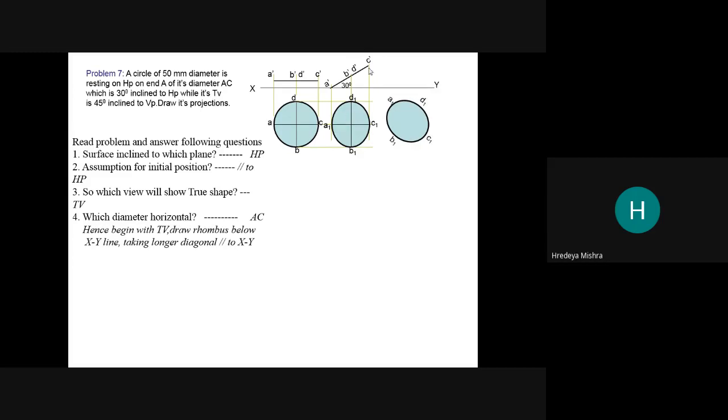See, now here this AC is 45 degree inclined. This is the 45 degree given. Now what happened? We just draw the projections. These are the vertical projections and these are the horizontal projections.